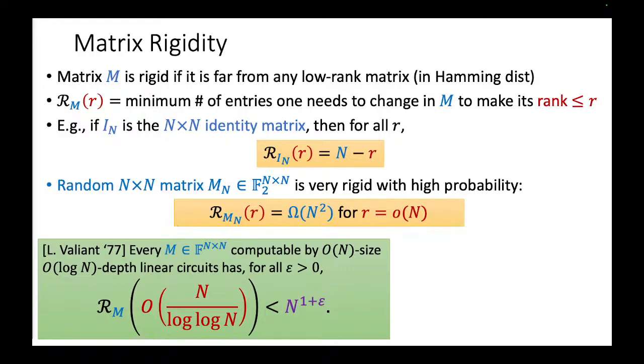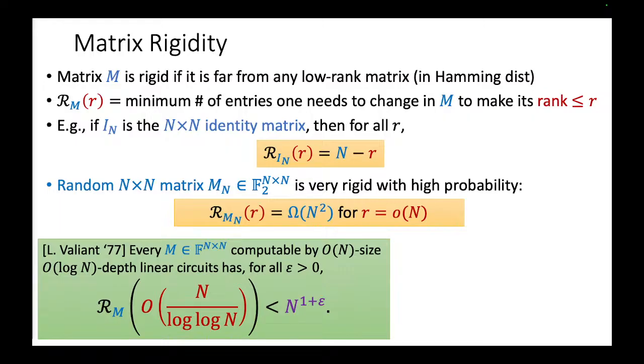So he introduced this as a way to try to prove circuit lower bounds. Remember, for example, the Walsh-Hadamard transform has a depth log n, size n log n circuit. So if you wanted to prove that's optimal, one step toward that could have been, and you'll see in a second it's not going to work, to prove that the Walsh-Hadamard transform is too rigid for this to be the case. That would mean it doesn't have linear size log depth circuits.